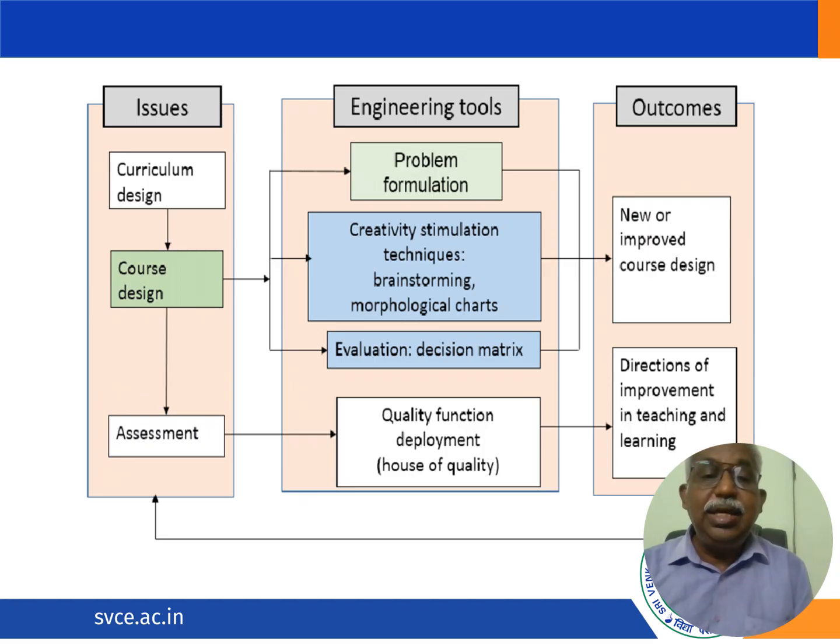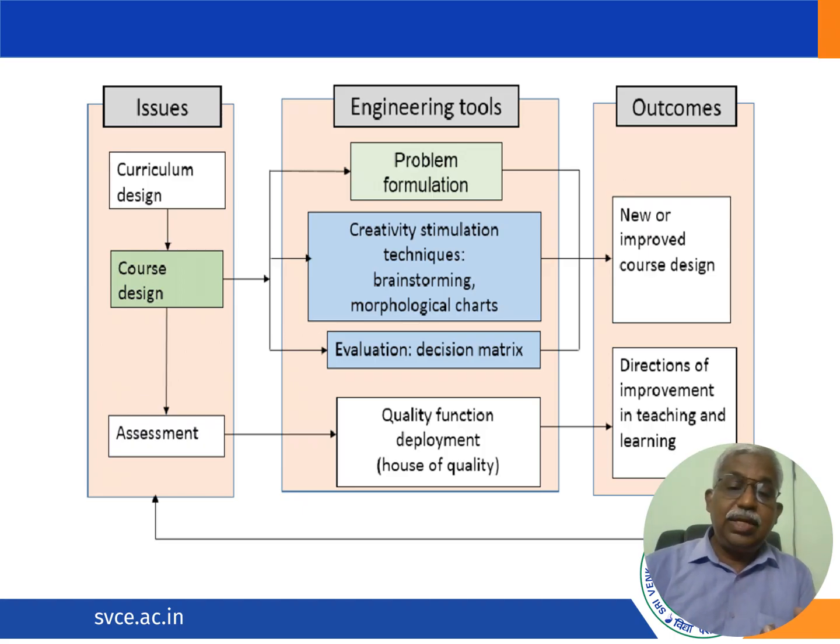Now, in the engineering problem, they have a problem formulation. Then we have creativity techniques like brainstorming, then different charts, then an evaluation matrix, depending on the problem formulation. In the curriculum design, stakeholders say this is more important. Another group says the academicians always concentrate on basic things, while advanced things are asked for by some researchers.